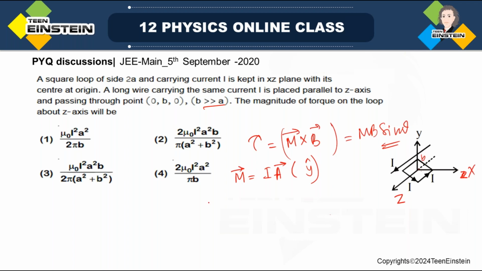Now what is B here? B is the magnetic field created by this long wire, which is also carrying current I and is at height B from the origin. Since it is carrying current, it will produce a magnetic field around it.